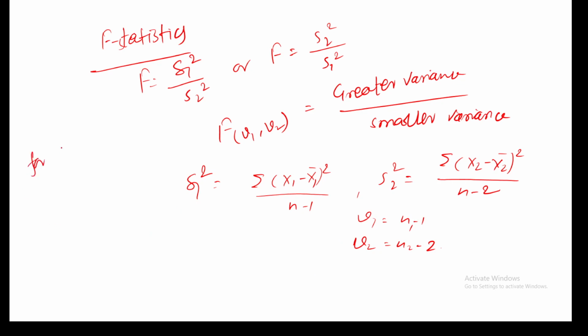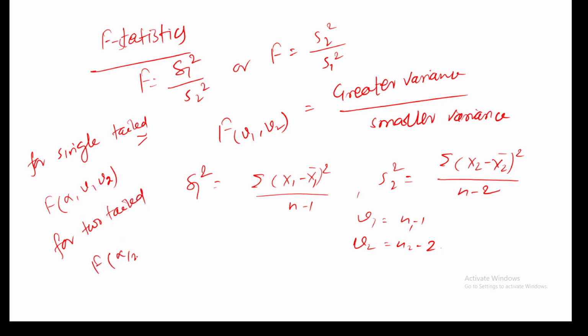For a single tail, we will take F alpha with degree of freedom 1 and degree of freedom 2, but for two tail, F will be alpha by 2. So this thing we need to take care of.